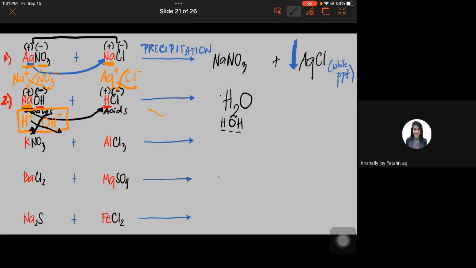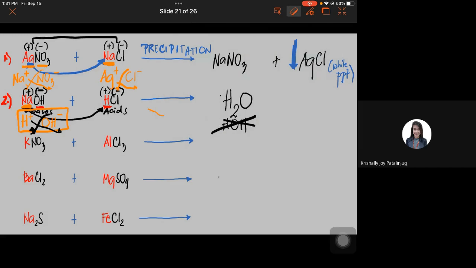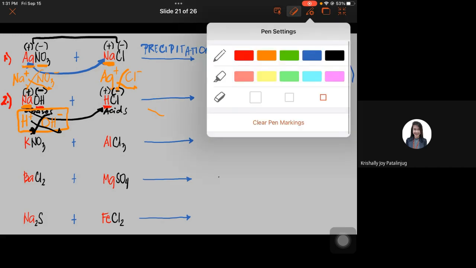Because you know this is a basic information. Even a student not learning chemistry, they know the chemical formula of water. It's always H2O. So again, do not write it in this manner. That is not correct. Okay, so it should be H2O.